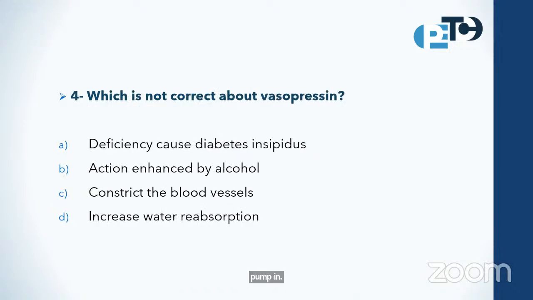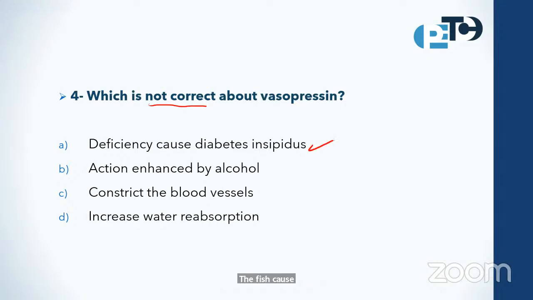Which is not correct about vasopressin? Vasopressin is one of the hormones secreted by the posterior pituitary. Deficiency causes diabetes insipidus?